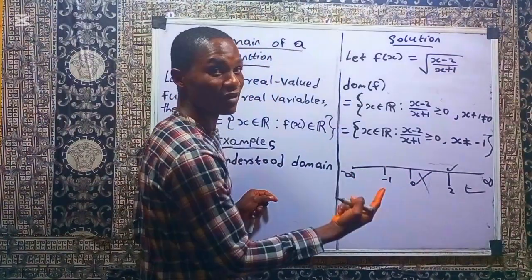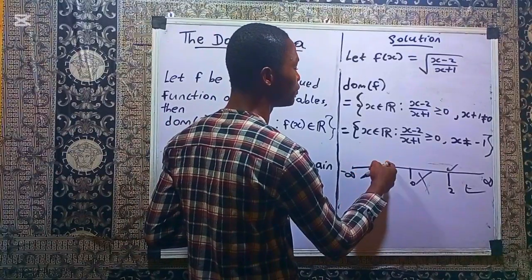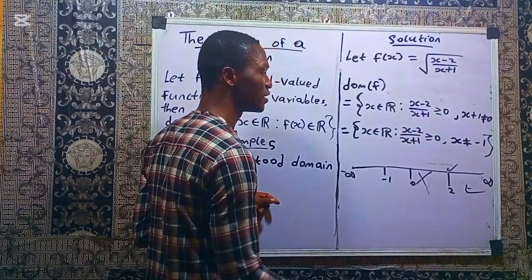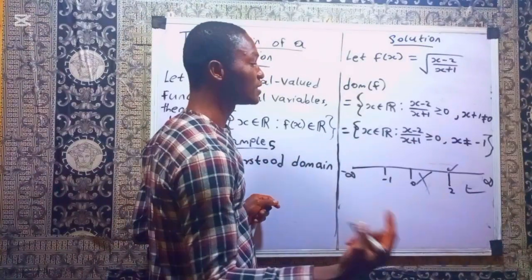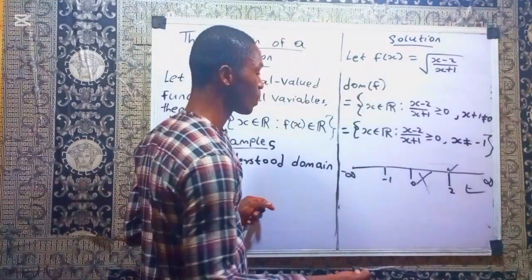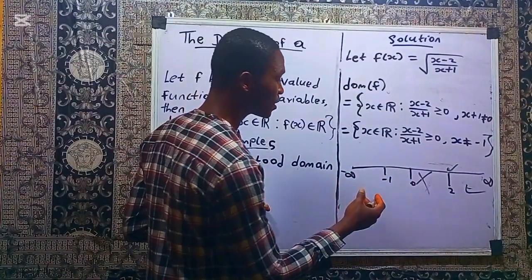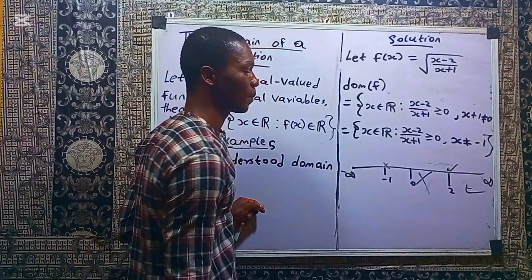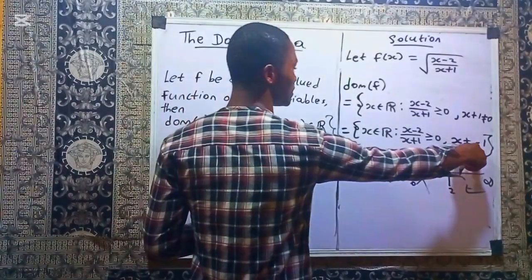Let's check for negative 1 first, and let's check whether the point is among. So if you put negative 1 here, you have negative 1 minus 2, you have negative 3. Put negative 1 down here, you get 0. So you'll be doing negative 3 over 0, which will give you infinity. Because of that, infinity is not a real number. So this point is not among. Minus 1 should not be among, as we have seen it earlier.